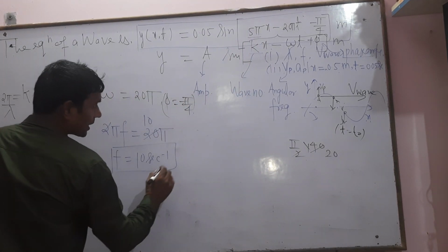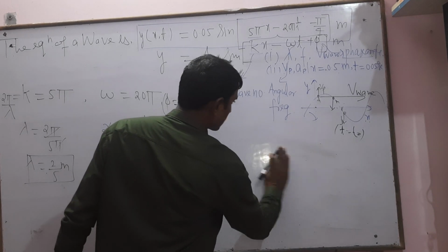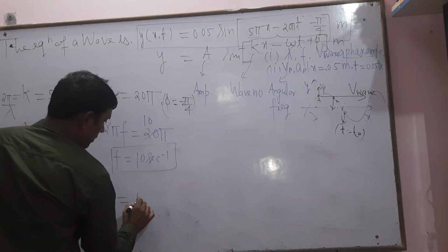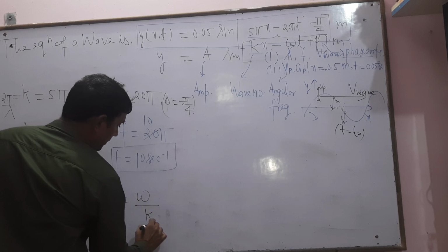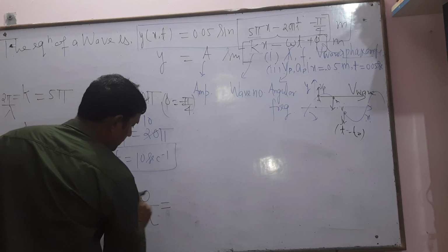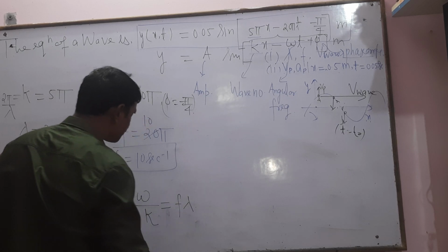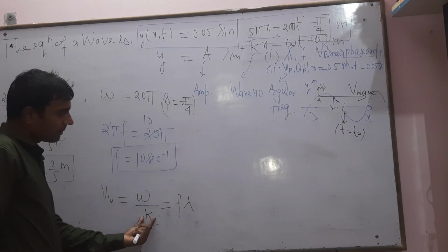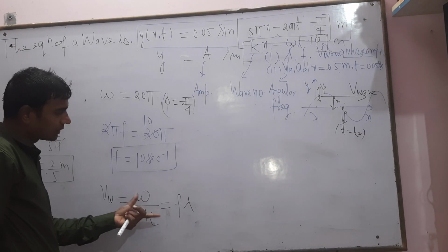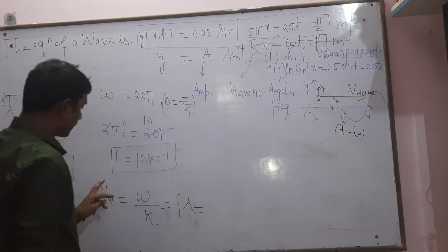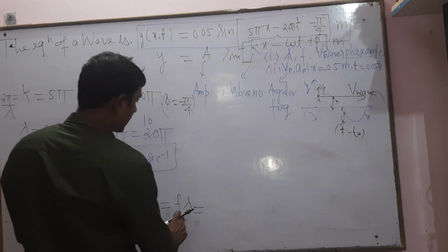So the wave velocity v equals omega by k. Omega by k means f into lambda, since k is 2 pi by lambda and omega is 2 pi f. So the wave velocity is equal to f into lambda.